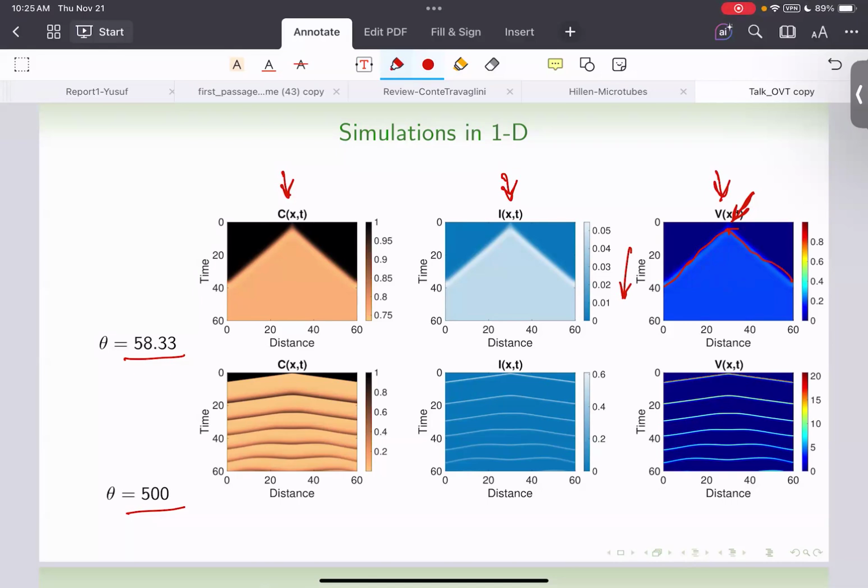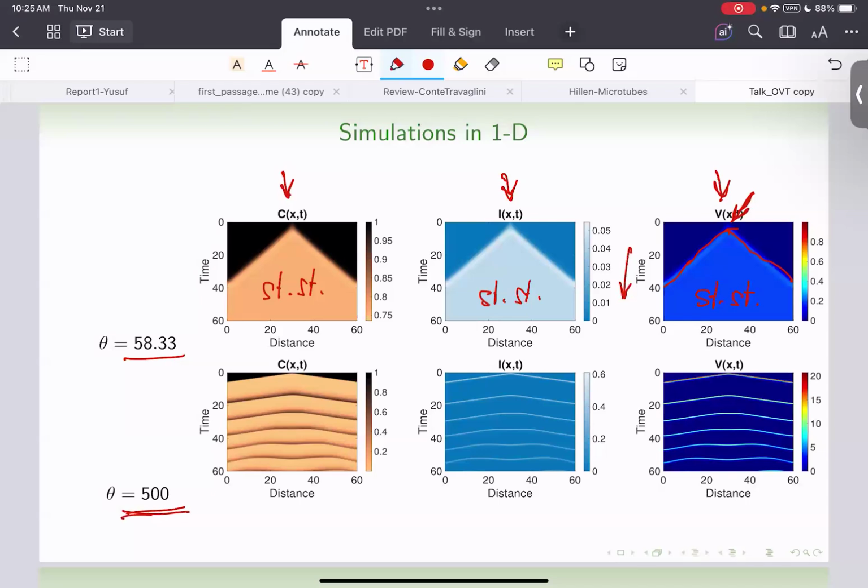And then after the virus has infected everything, we get a homogeneous steady state right here. And for the infected, we get a light blue level here. And for the cancer cells, we get a homogeneous brown here. So again, we have one infection cycle, and then we settle on a steady state.